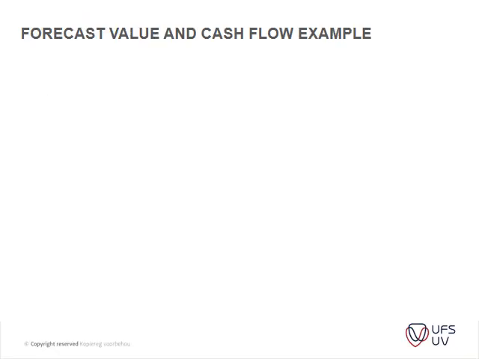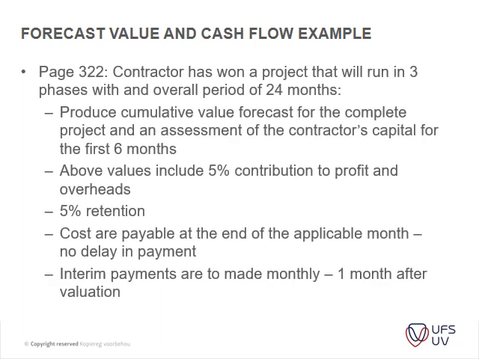Okay, then forecast value and cash flow examples. On page 322 you will see an example. A contractor has won a project that will run in 3 phases with an overall period of 24 months.